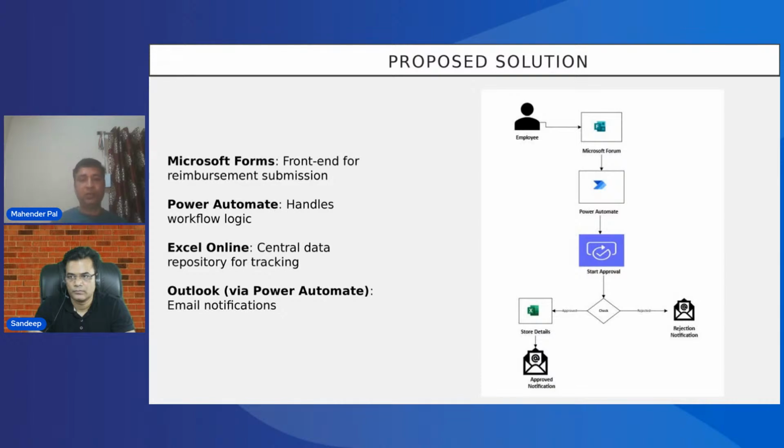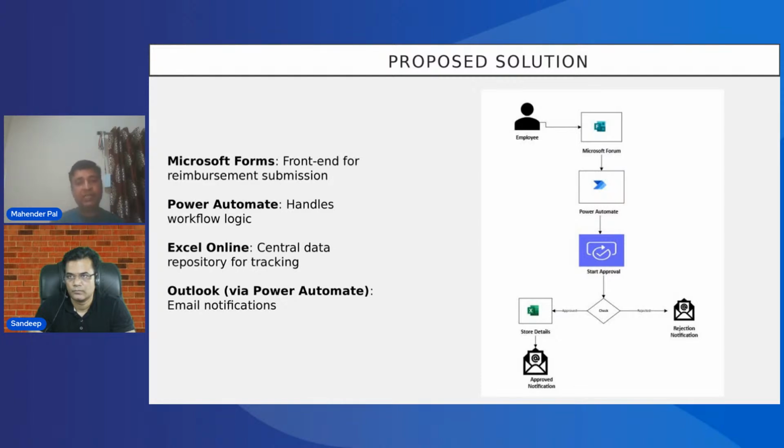Or they may want to see how much reimbursement is done for this quarter, or for this year, or how much we spent. So those kinds of reporting can be done.